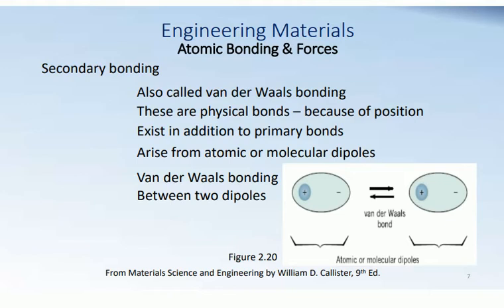Overall they may be neutral, okay? They don't get charged. But this is the presence of positive and negative charge at some particular time, at some particular position, that results in secondary or van der Waals bonding because of this separation or alignment of positive and negative charges.